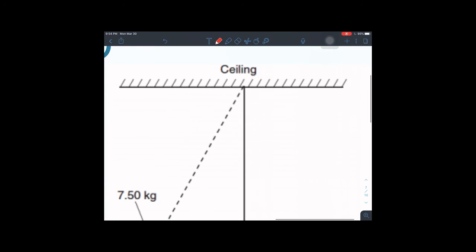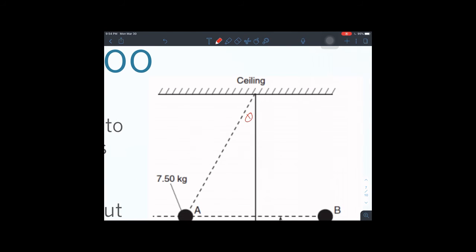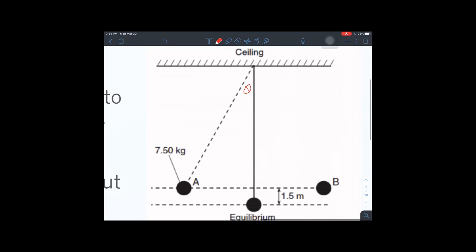Well, we know that this angle has a theta. And this length is the same as this length. So this length, L cosine theta, will give us not this length, but this length, as this forms a right triangle.